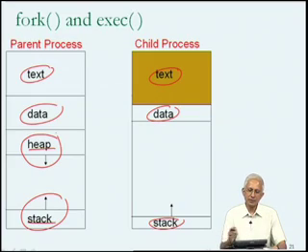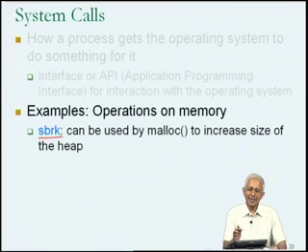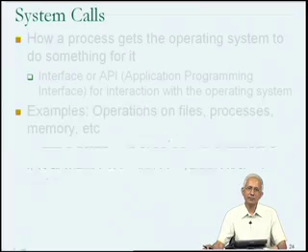As it happens, the growth and shrinkage of the heap is managed by the memory allocation library, and not along the lines of how the stack is managed. Rather, every once in a while, the memory allocation library will request the operating system to increase the size of its allocation.